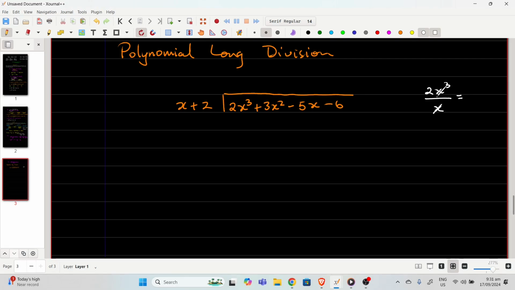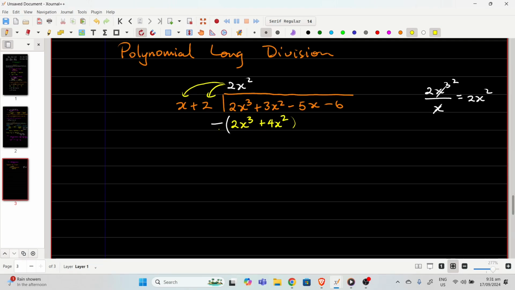Notice after I do the cancellations, I will get 2x to the second power. So I'll put that 2x to the second power here. I will put a minus sign, open a bracket, and what I'm doing is I'm taking this 2x squared and multiplying it here, and multiplying it here. When I multiply it, I will get 2x to the third power, and then I will get plus 4x to the second power. So this by this.